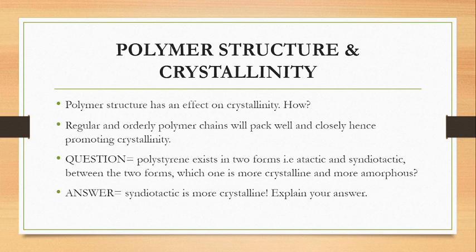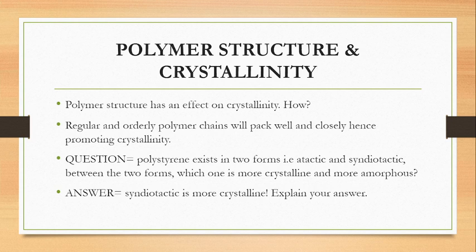Meaning if they are very ordered in terms of the chain arrangements or the substituent arrangements, then they can pack closely. And if they can pack closely, then the ultimate structure is going to be crystalline, meaning there is proper packing.